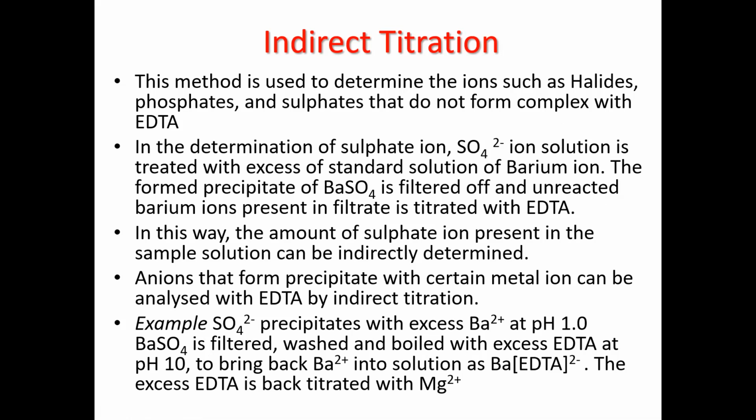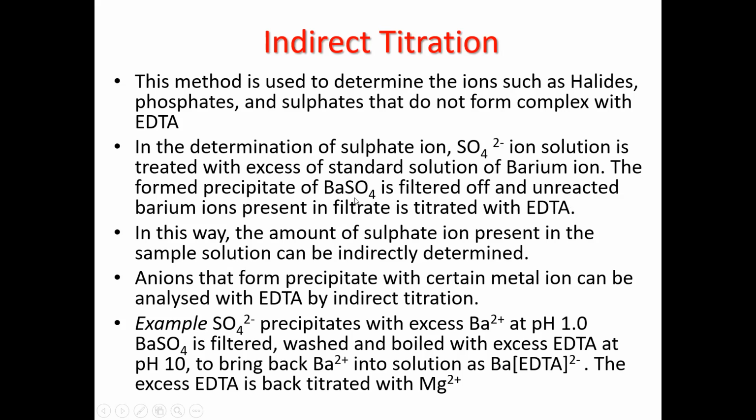An example is the determination of sulfate ions in a barium sulfate solution. Remember that the barium ion there, which is a metal, will form a complex with your EDTA, and there will be a precipitate of barium sulfate, which can be filtered off, and the unreacted barium ion will be titrated with the EDTA.